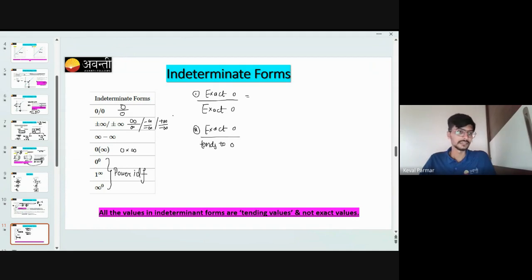It includes all possible cases, minus infinity upon plus infinity, all the possible cases. That's why I wrote plus minus 7.